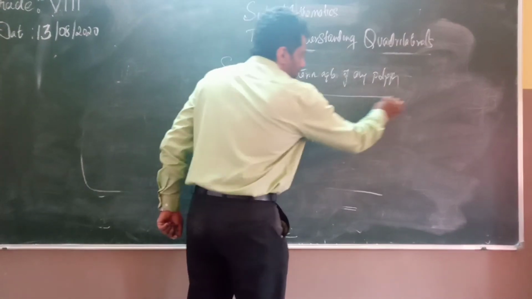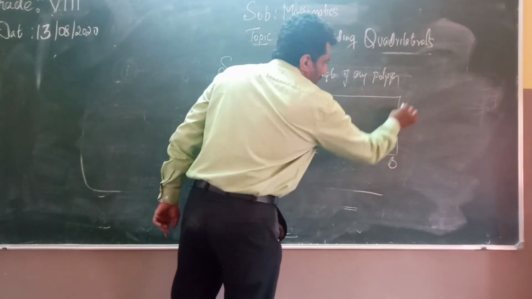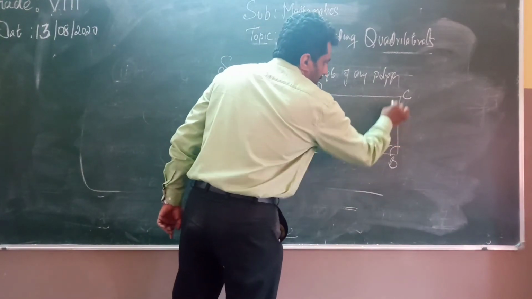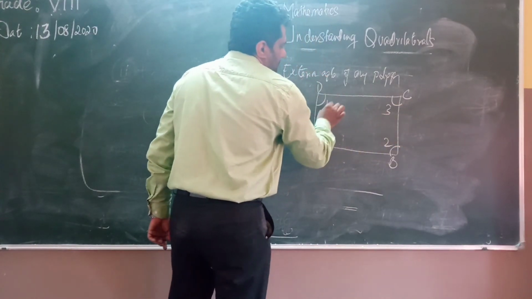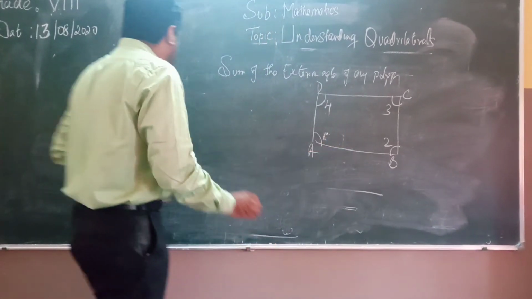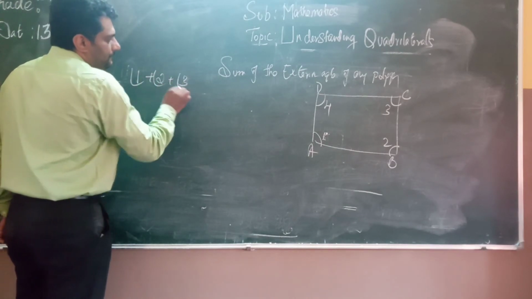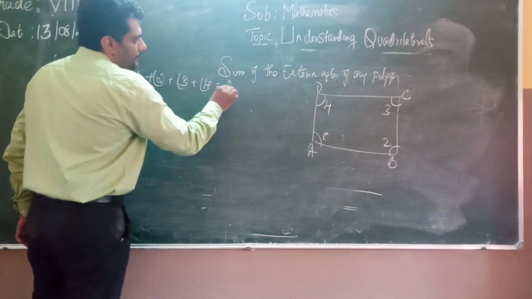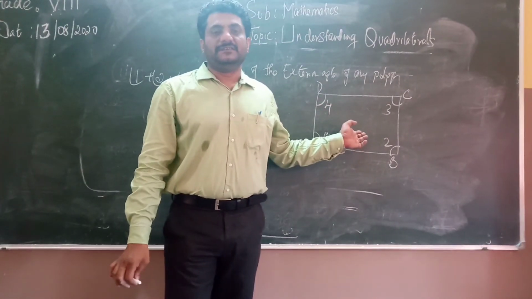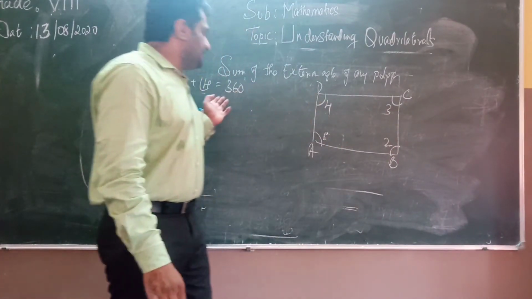Now if you take a quadrilateral, this is A, B, C, D. These are the 4 interior angles. When I add all the interior angles, how much do I get? 360 degrees. Because we have already done this in the previous session. The sum of the interior angles of a quadrilateral is 360 degrees.